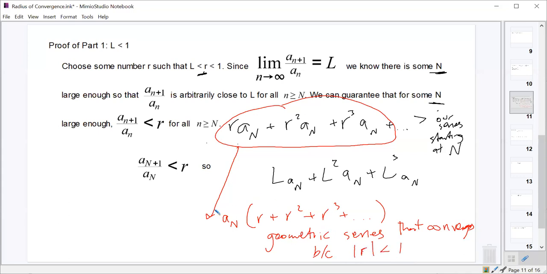And if this series converges, and this series with the R's is greater than the series with the L's, then what does that tell us?